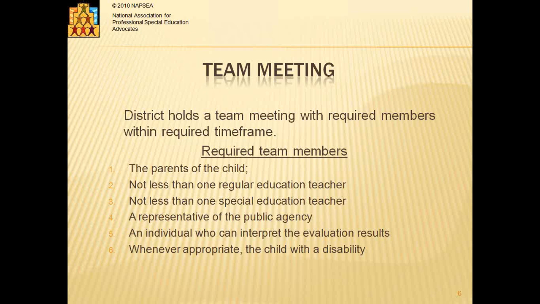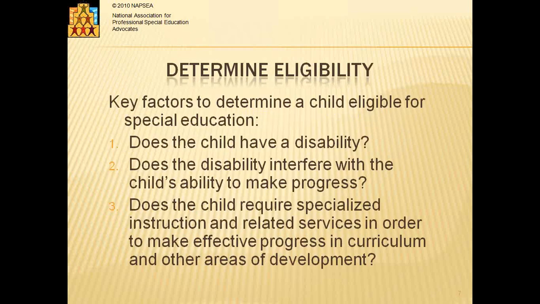If you've had a speech and language evaluation done, that means a speech and language evaluator. It doesn't necessarily have to be the person who did the evaluation. However, it should be somebody qualified to read the results. And of course, we said already, the child. So the key factors, we talked about this already: the team must determine eligibility. Does the child have the disability, and what category? Does this disability interfere with the child's ability to make progress?